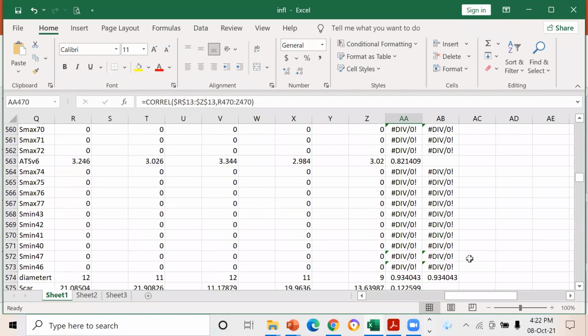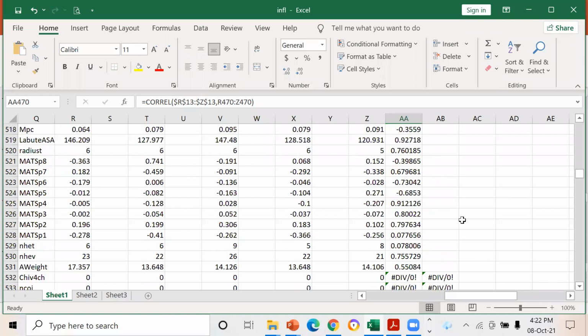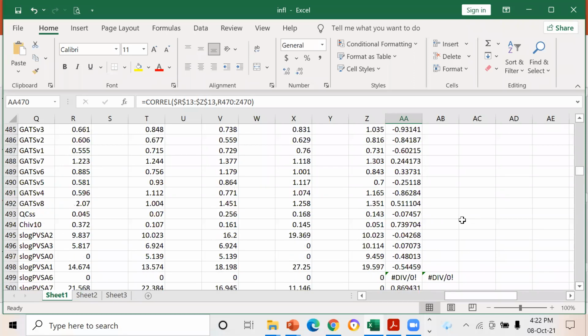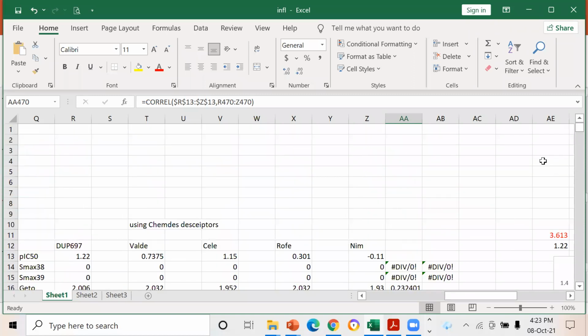Okay, so I think this will be the best descriptor to select. This one. So this could be my X and activity could be my Y. I can get a Y equal to mx plus c like equation.